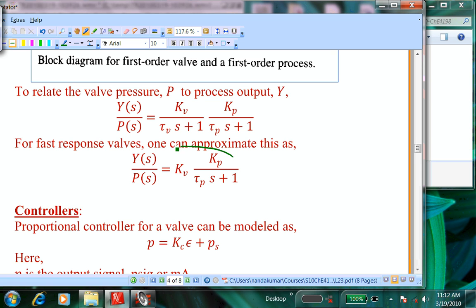That would be the effective transfer function for a process with a valve attached, where the valve time constant is so small that we can ignore it. So we just have the gain for the valve.